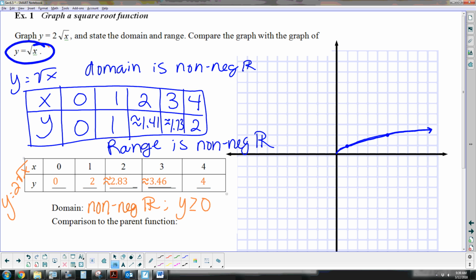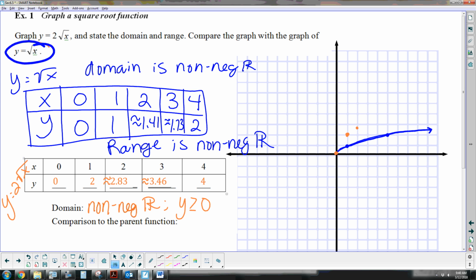So if we look at this graph, 0, 0, 1, 2, and we rounded here, 2 times the square root of 2 is approximately 2.83. So somewhere around here.